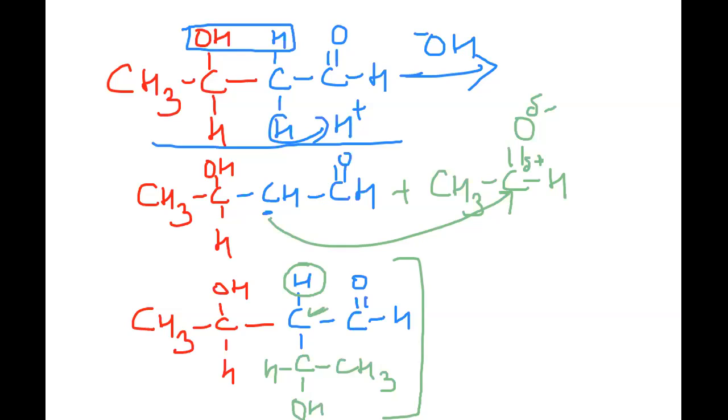So slowly, repeatedly, one by one, all the 3 hydrogens of the alpha carbon atom are being replaced by these hydroxymethyl groups, you can say, to form a resinous compound, and this kind of condensation is called repeated aldol condensation.